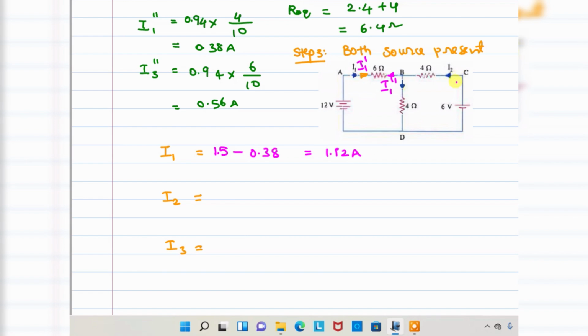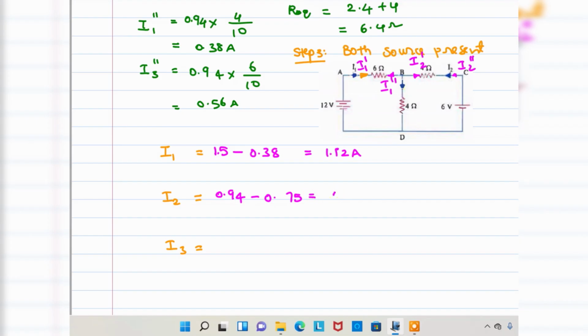Coming to I2. This is the I2, this is the direction I2, that is the I2 prime. Again this is the direction I2 prime, I2 double prime. That will be equivalent to 0.94 minus 0.75.